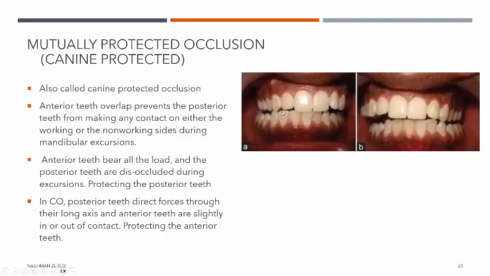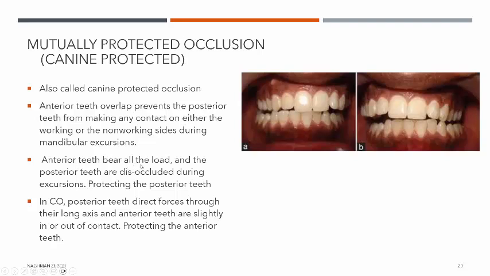Mutually protected occlusion or canine protected occlusion. That is an ideal situation in natural dentition. The upper anterior teeth overlap the lower anterior teeth, and that prevents the posterior teeth from making any contact on either the working or the non-working sides during mandibular excursions.